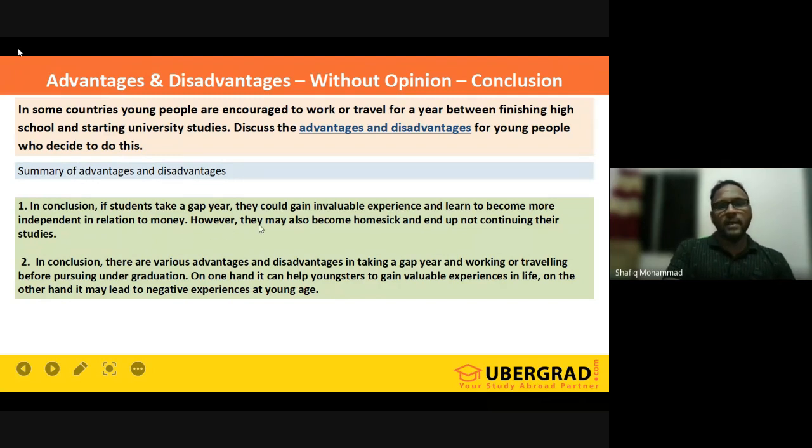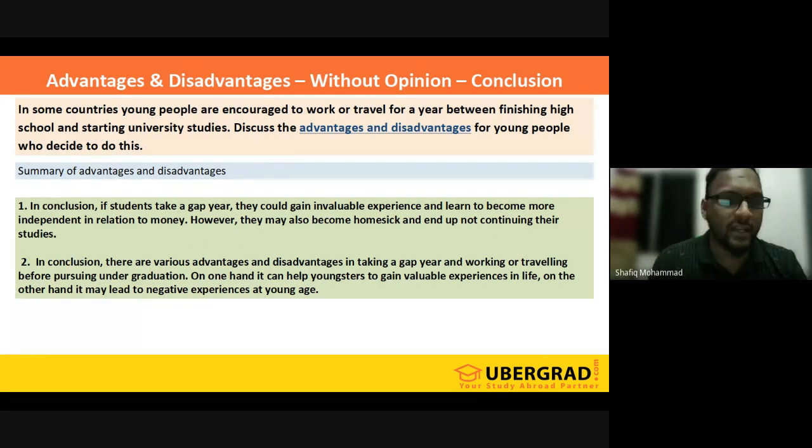However, they may also become homesick and end up not continuing their study. So both advantages and disadvantages are talked about in the conclusion. Whatever you have written in body paragraph 1 and body paragraph 2, you're conjoining it, compressing it, and giving it as a conclusion. But don't use the same phrases, same words, guys.